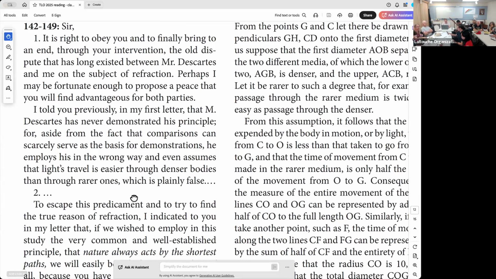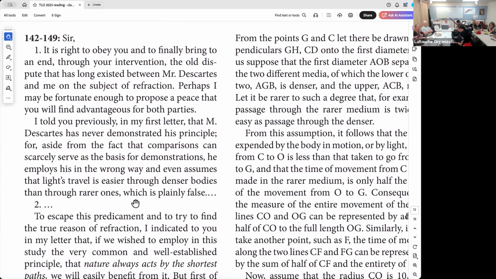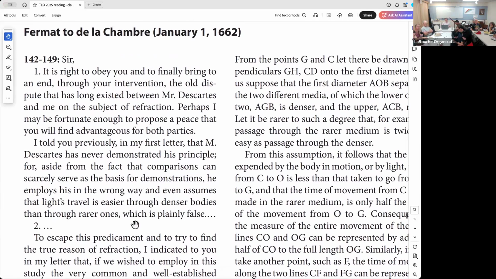Sir, it is right to obey you and to finally bring to an end, through your intervention, the old dispute that has long existed between Mr. Descartes and me on the subject of refraction. Perhaps I may be fortunate enough to propose a piece that you will find advantageous for both parties.